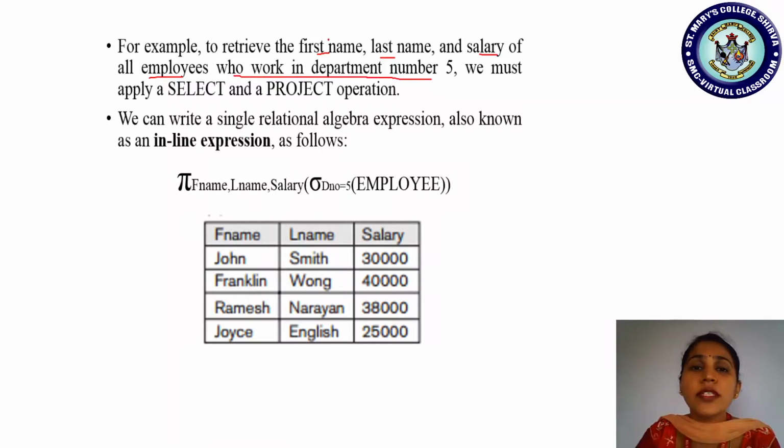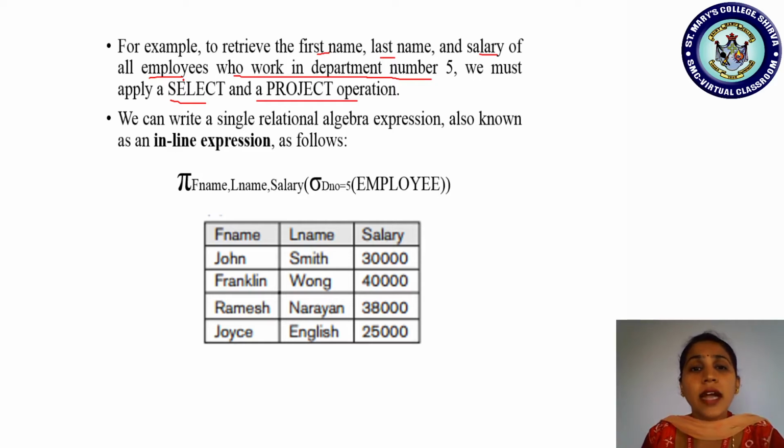They are interested in viewing the information only for the employees who work in department number 5. So we must apply a select first and then a project operation. To view only the records of employees who work in department number 5, first we should apply the select operation to fetch the employee information of those working in department number 5.